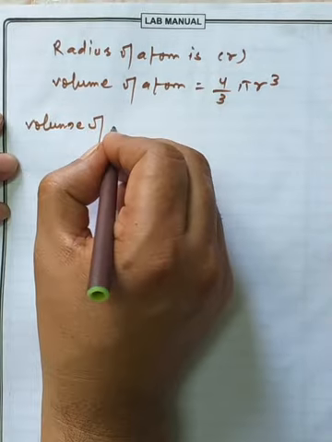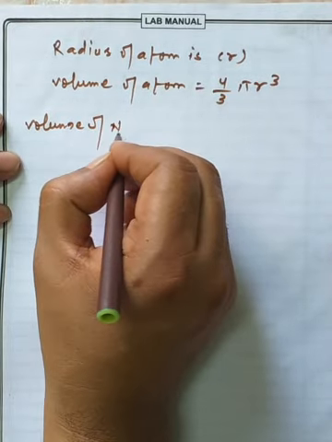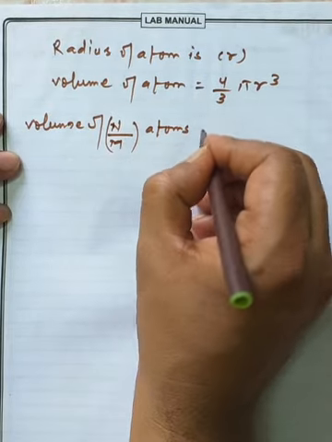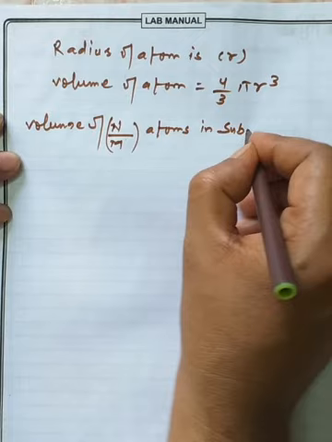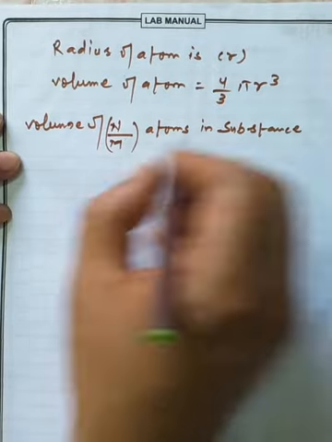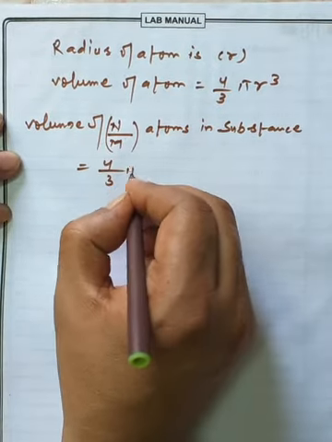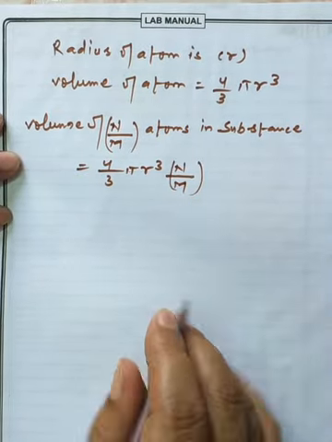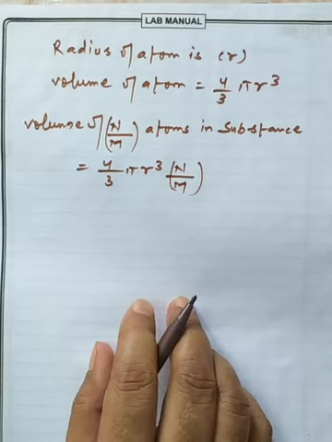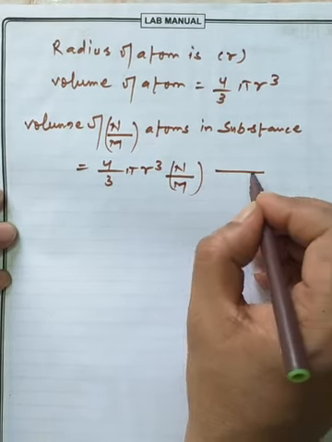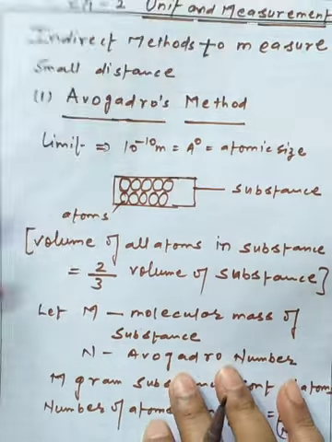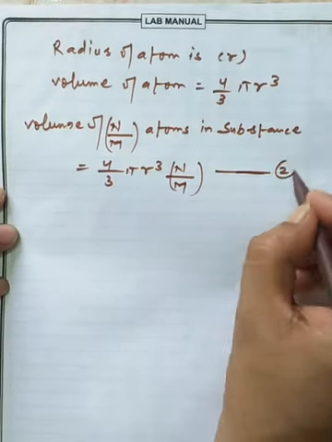The volume of the atoms in the substance, in 1 gram, will be 4 by 3 pi r cube N by M. This is the basic equation we have used. Let this be equation number 1, and now this is equation number 2.